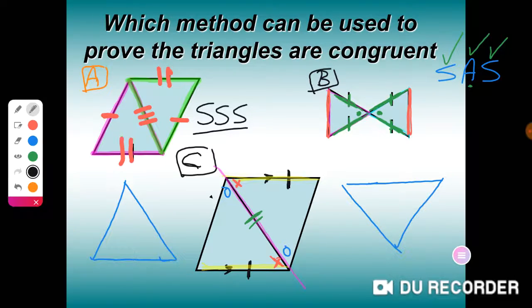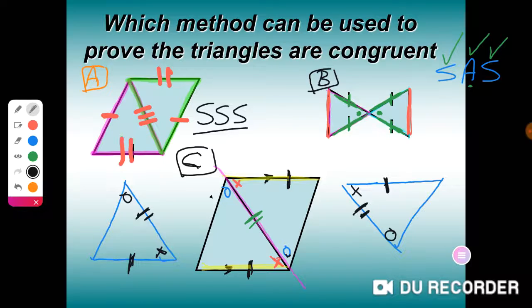I have that this side is congruent to this side, and it's given information. And there's a common side, which is this one. And I have angle O, which is located right here, congruent to angle O, which is located right here. And angle X, which is right here, is congruent to angle X, which is right there.